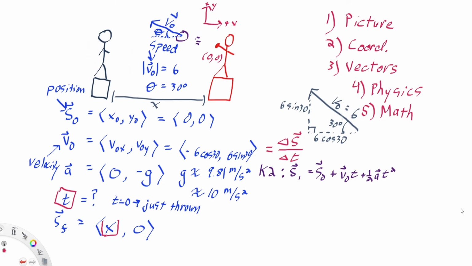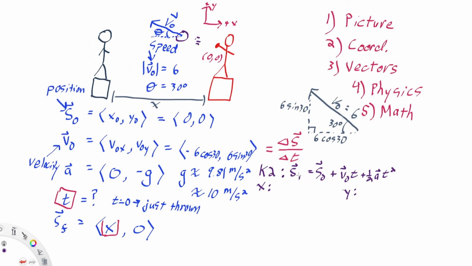Fortunately, our two-dimensional kinematic equations contain two equations inside of them. So if we consider just the x direction and just the y direction, that gives us two different relationships that we can leverage to do some solving and substituting.